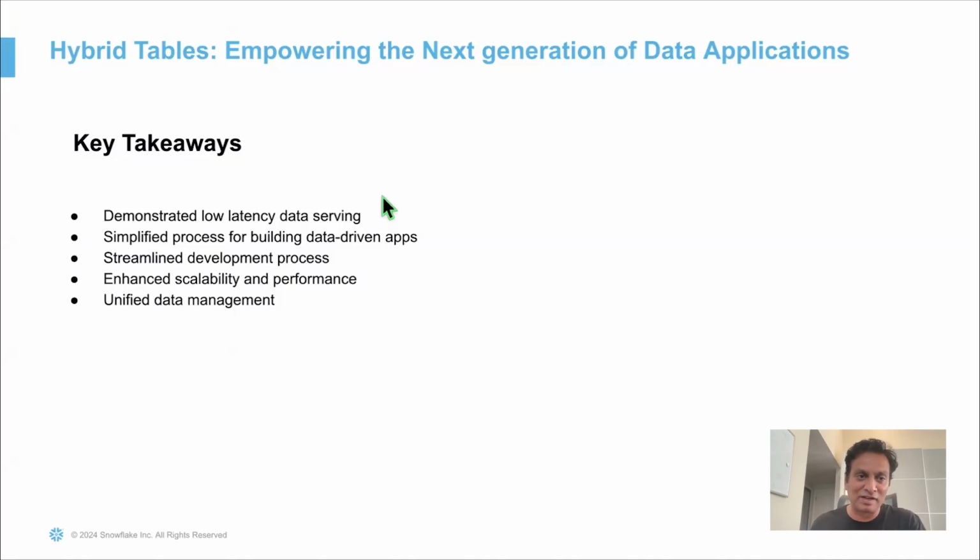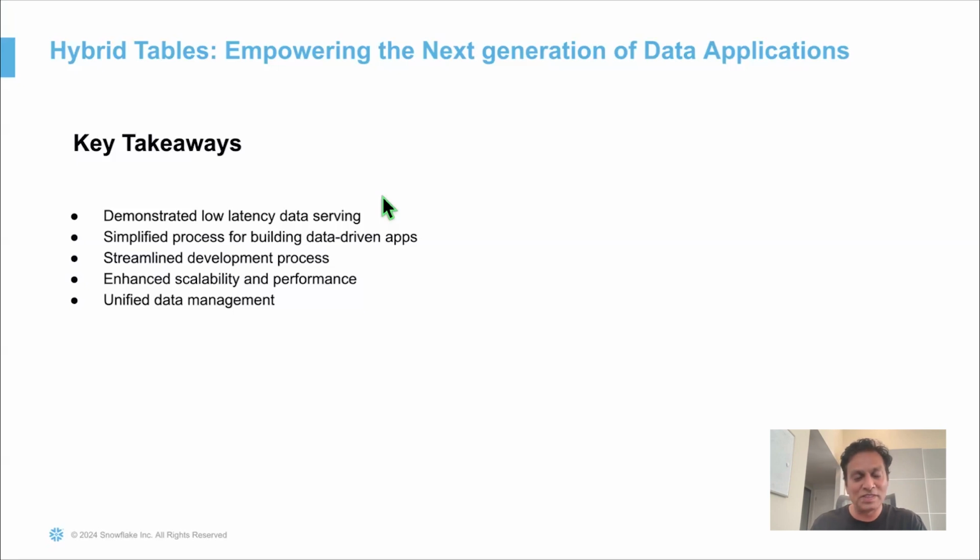Hybrid tables are here to empower the next generation of data applications. I have demonstrated here today how we can do low latency data serving at high concurrency. We capped the limit at 200 queries per second to illustrate with an example of a peak load how it's going to look.